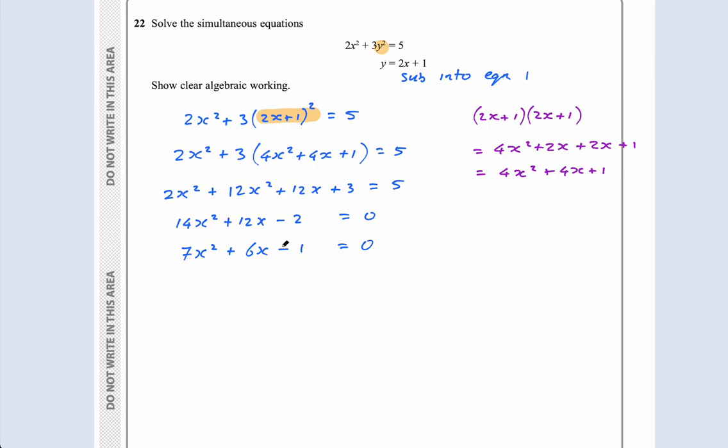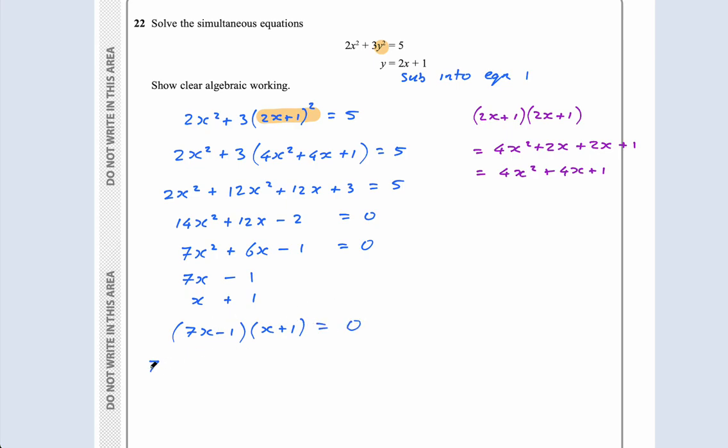At this point, if you need to use your calculator, do, but we want to show the factors. So the factors of 7x squared are 7x and x. The factors of 1 are 1 and 1. I need this one to be plus and this one to be minus because I'll have 7x minus x is 6x. So I have 7x minus 1 times x plus 1 equals 0.